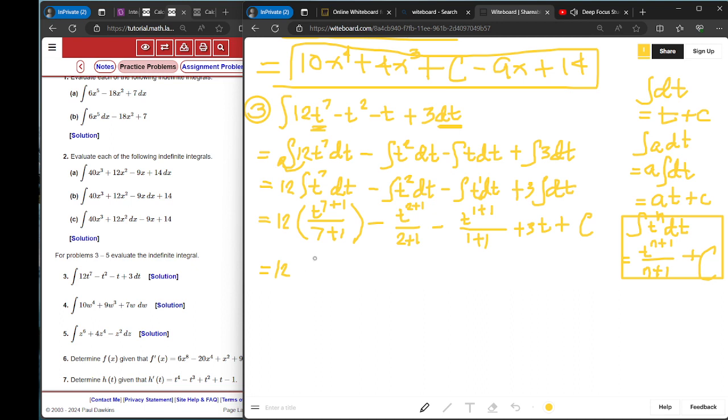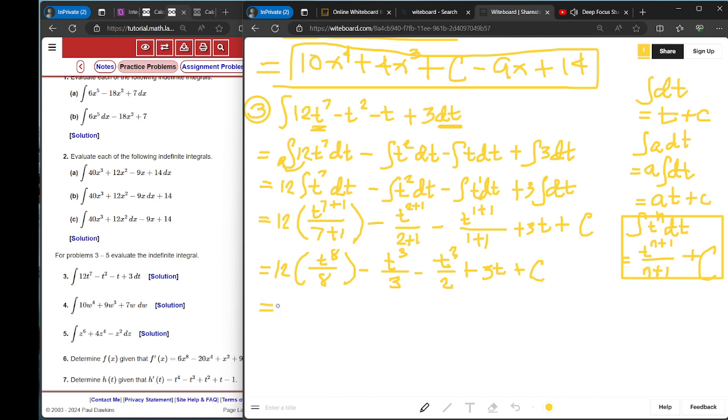So this will become 12 times t to the 8 over 8 minus t cubed, or t to the power of 3 over 3, minus t squared over 2 plus 3t plus c.